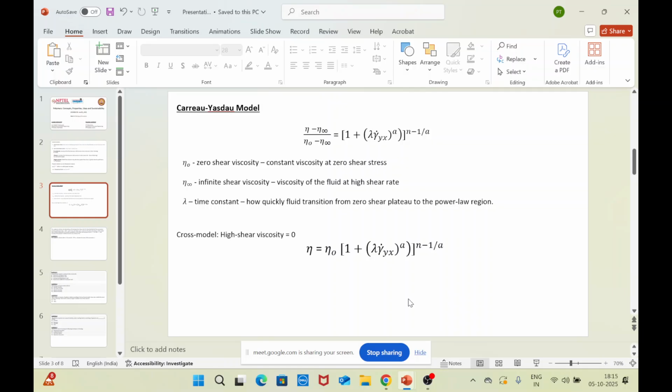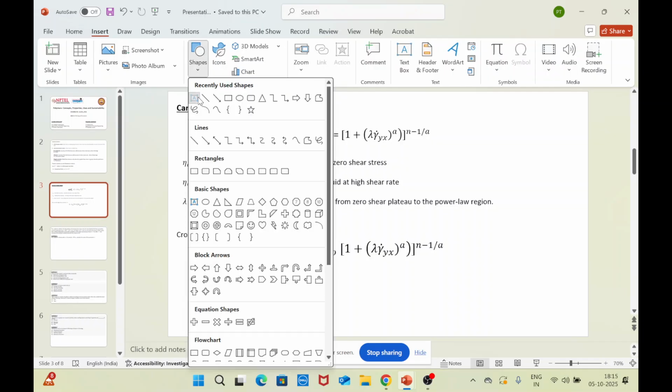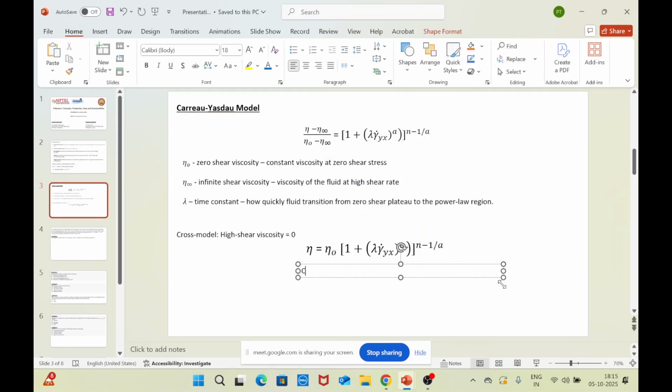However, that particular constraint that we are applying to the mathematical equation should actually have a physical meaning, or it should happen at a particular condition. So under what condition can the high shear viscosity of a polymer system become 0?